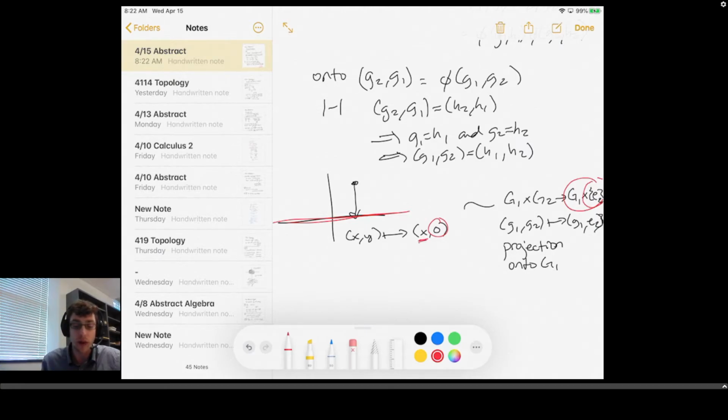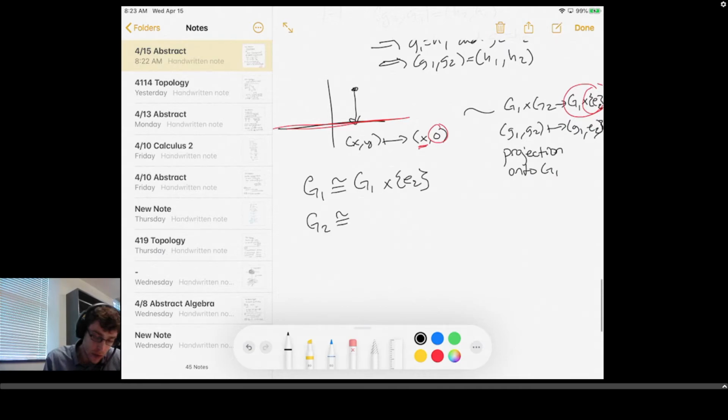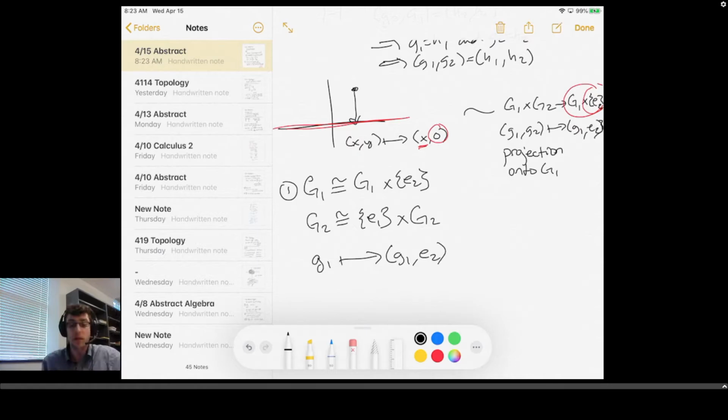The real information is being tracked in the first coordinate, and that's why G1 is isomorphic to G1 cross E2, and G2 is isomorphic to E1 cross G2. So your map, say in this first example, would just be, where does g1 go? g1 would map to just (g1, e2). The whole point is the e2 is not giving you any new information, so you don't have to worry about it not being one-to-one or not onto.